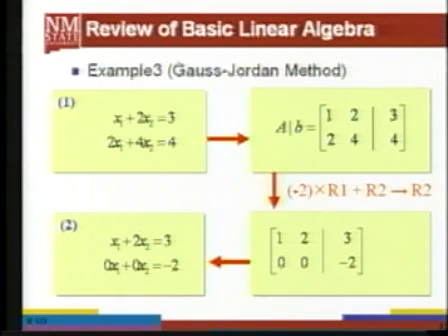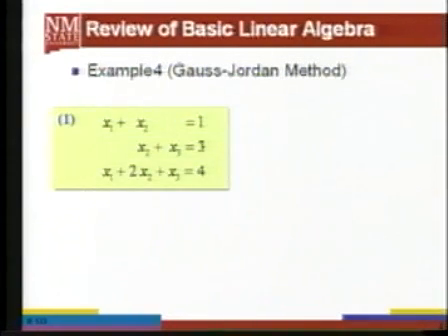So, like you see here, whatever values we give to x1 and x2, the second equation can never be satisfied, right? So the system number 2 has no solution. And because system number 2 was obtained from system number 1 by use of elementary row operations, system number 1 also has no solution. Okay?